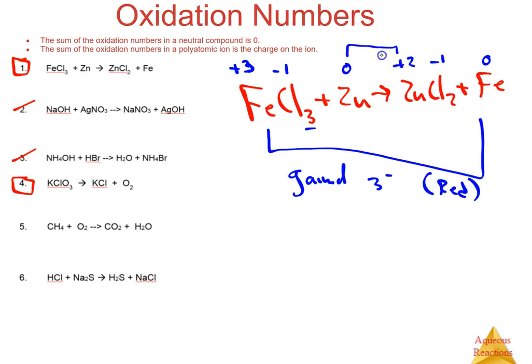Zinc became more positive, which means it lost 2 negatives, so it was oxidized.